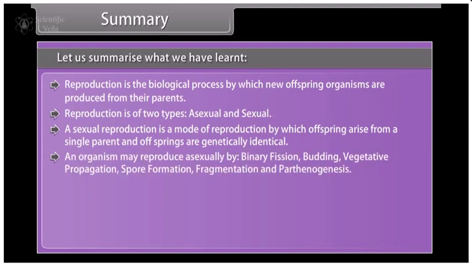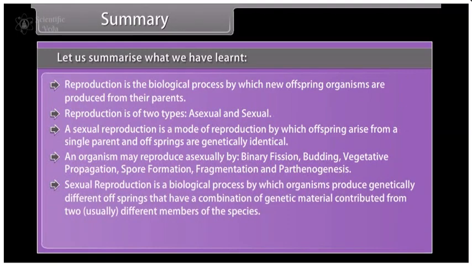An organism may reproduce asexually by binary fission, budding, vegetative propagation, spore formation, fragmentation, and parthenogenesis. Sexual reproduction is a biological process by which organisms produce genetically different offsprings that have a combination of genetic material contributed from two usually different members of the species.